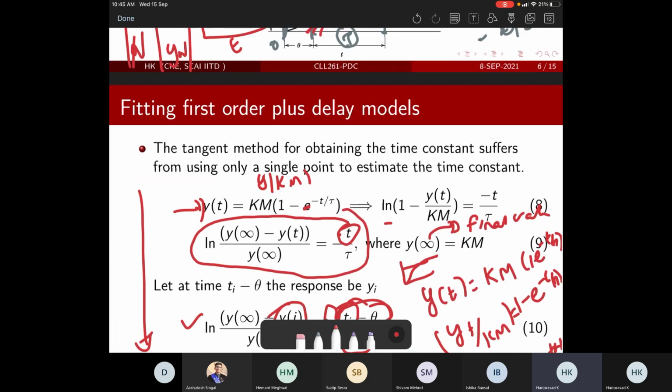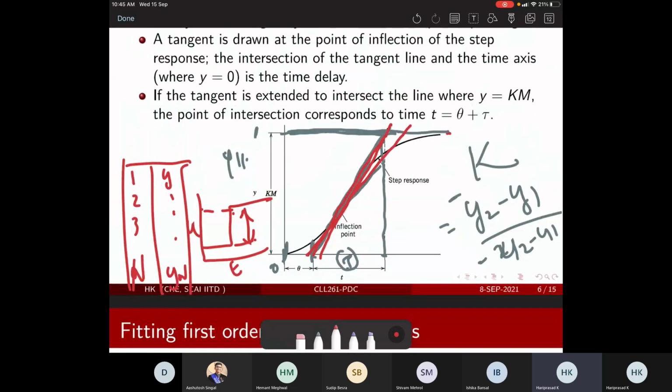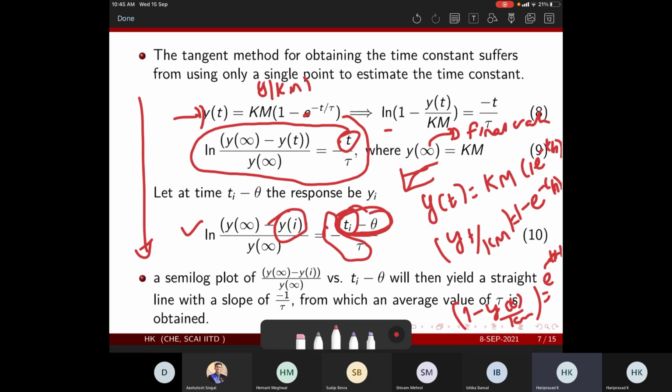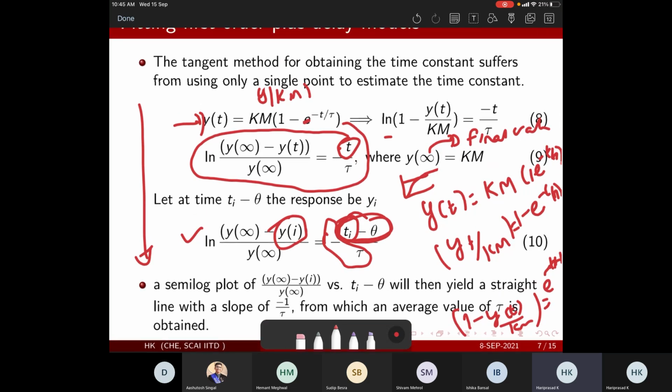One is, of course, directly using the point of inflection method. Here, we have not used anything. You computed these two parameters and plotted, and eventually what you are getting is the time delay. This method may be slightly better because you are not using a single point.